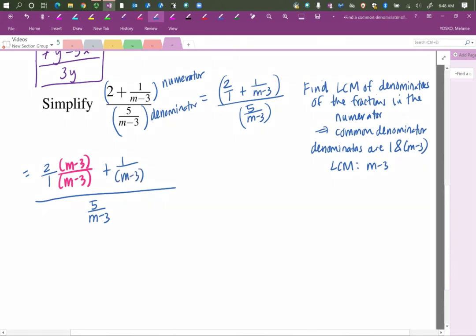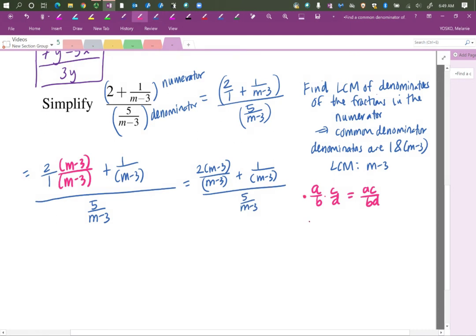Okay, so as we said earlier, if you have a fraction times a fraction, you just multiply the numerators and multiply the denominators. So this is 2 times m minus 3 over m minus 3 plus 1 over m minus 3, and the whole thing is divided by 5 over m minus 3.